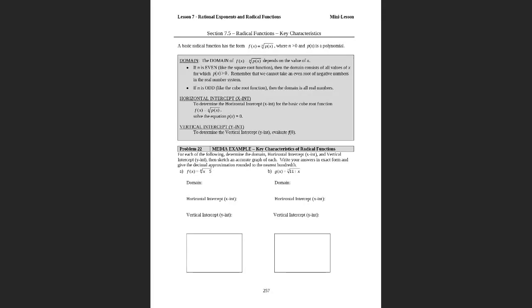Again, some of these problems are in the media example, so some of these are solved in the media lessons.